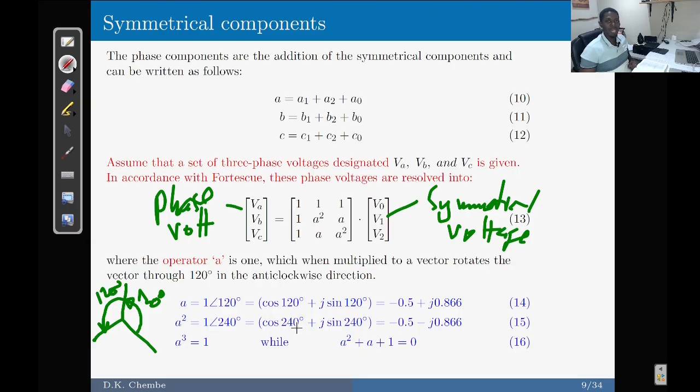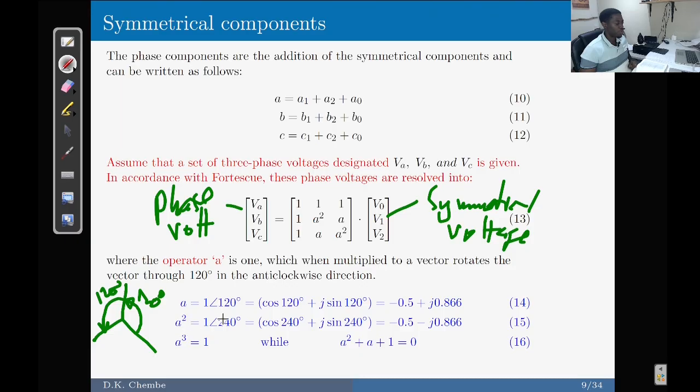And these we can expand using Cartesian coordinates, meaning 120 degrees will be cos 120 plus j sine 120 degrees. This gives us minus 0.5 plus j 0.866.